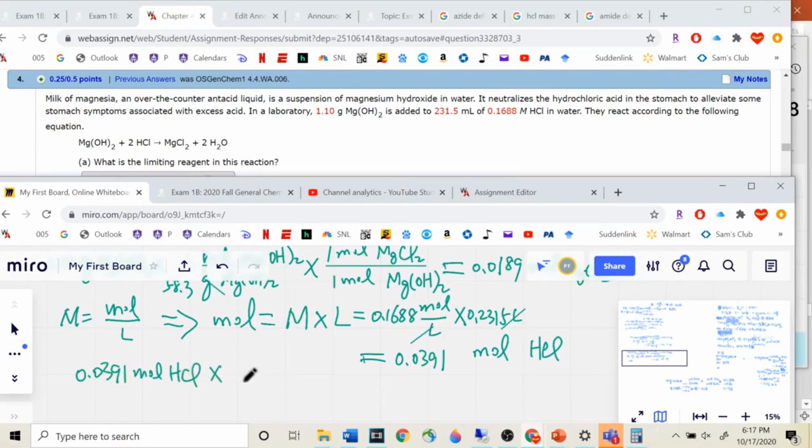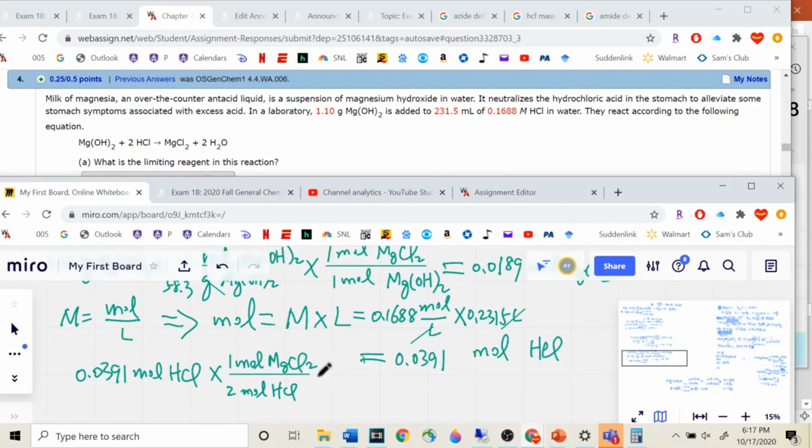We are converting from 2 moles of HCl, according to this balanced equation right here on top, 2 moles of HCl to 1 mole of MgCl2.